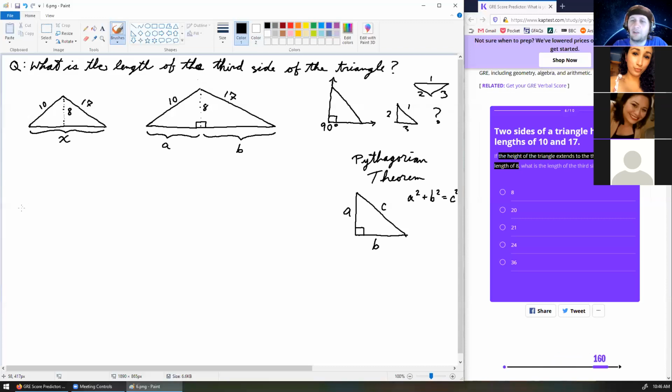So let's look at the first triangle. I think it's going to look like the equation I just typed in the chat. 8 squared plus b squared equals 17 squared. Well, that's the second triangle. We're looking at the first one with A on it. Oh, sorry.